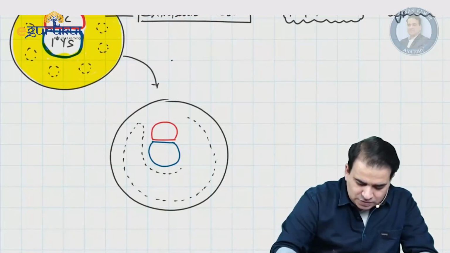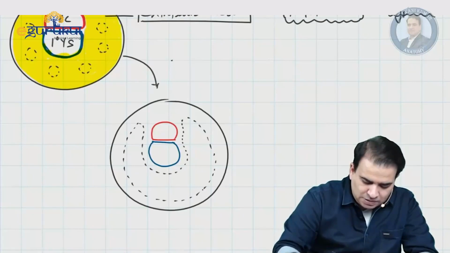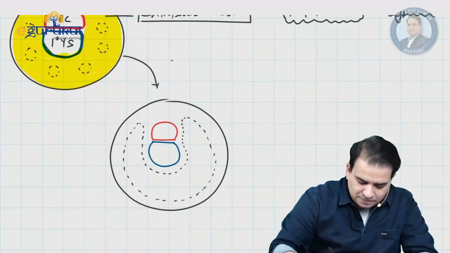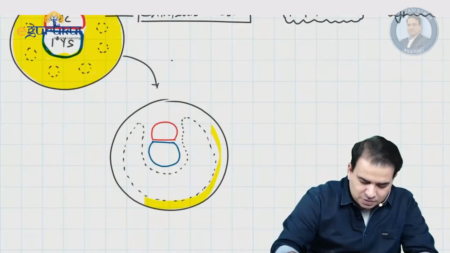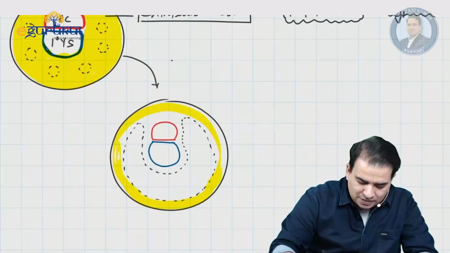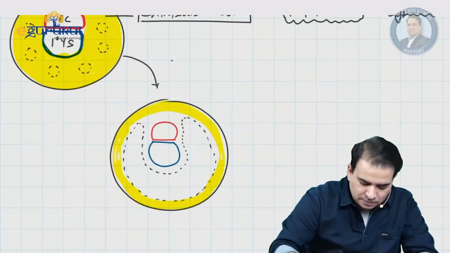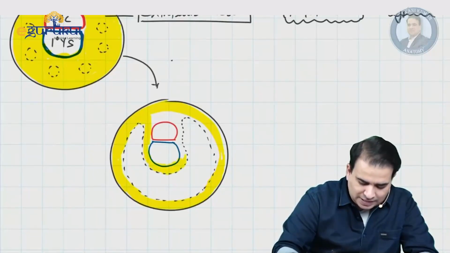And by virtue of this coelom, you can see the extra-embryonic mesoderm itself is divided in two parts. You will see the extra-embryonic mesoderm in relation to the trophoblast, that is outside here. And then we have this extra-embryonic mesoderm which is in close relation to the yolk sac and the amniotic cavity. Right?